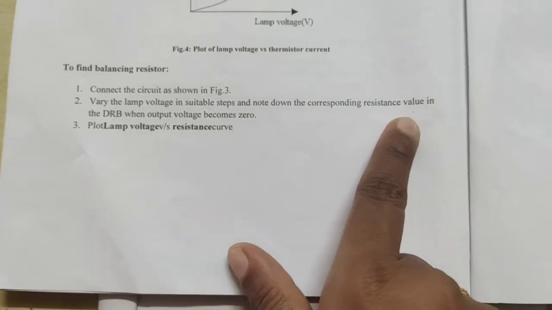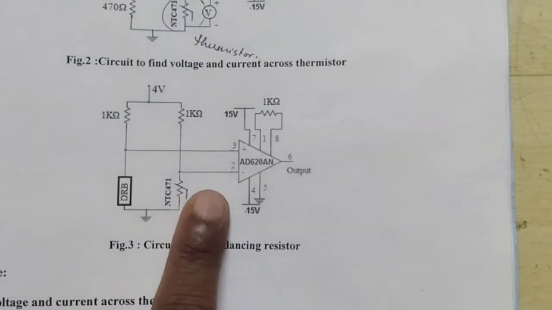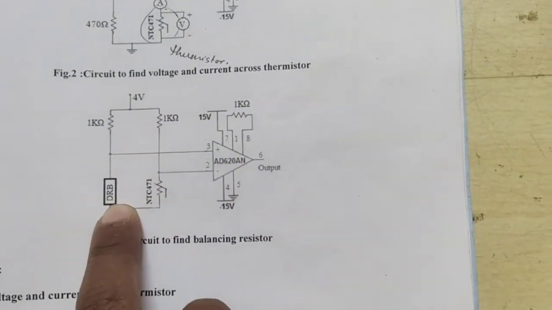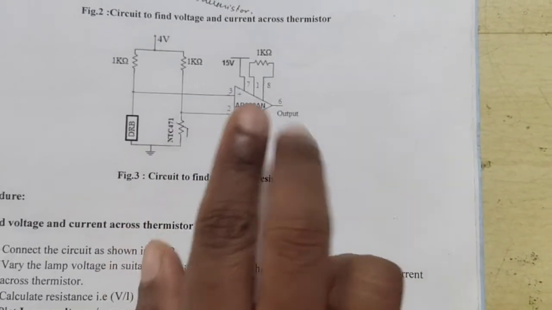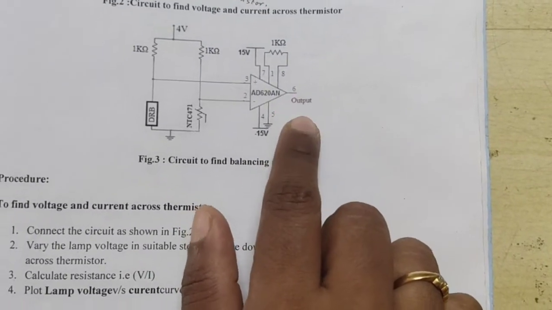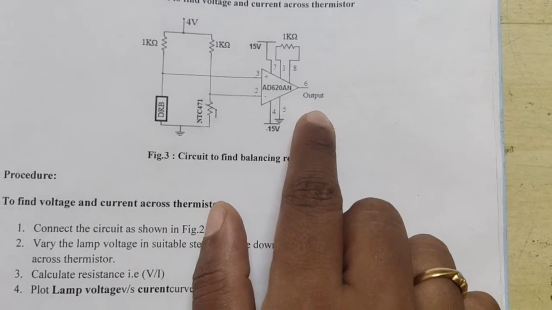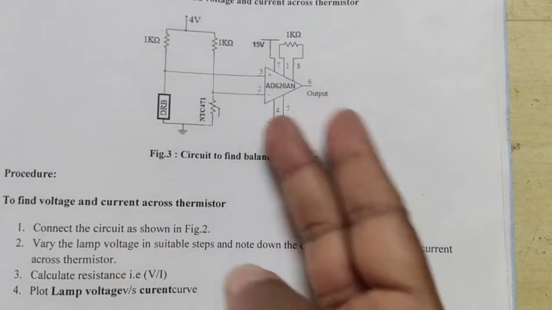and since the output of the instrumentation amplifier is negative, as we go on varying the intensity and vary the resistance value, at some point the output will change from negative to positive. That is, whenever the output across the thermistor is 0, that means it is changing from negative to positive.